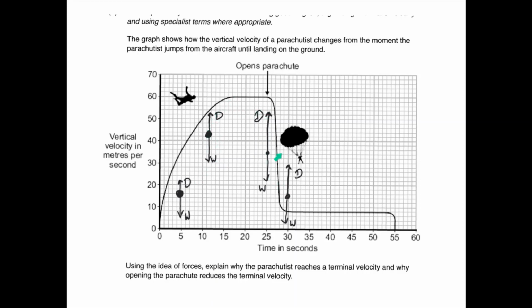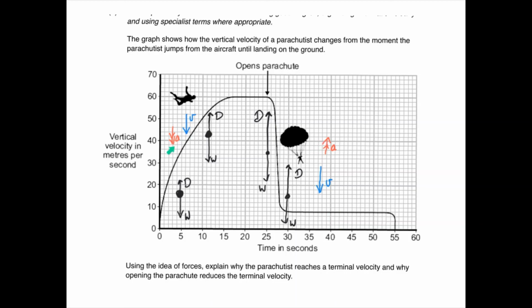In this portion of the graph between the two terminal velocities, the acceleration now is in the opposite direction to the velocity. That does not mean the parachutist is moving up, but what it does mean, of course, is that his velocity will decrease in magnitude.